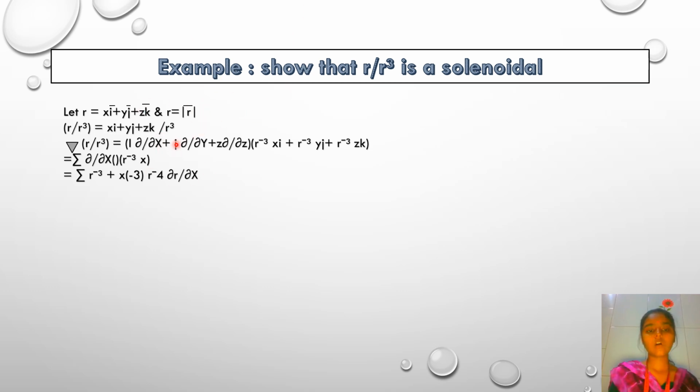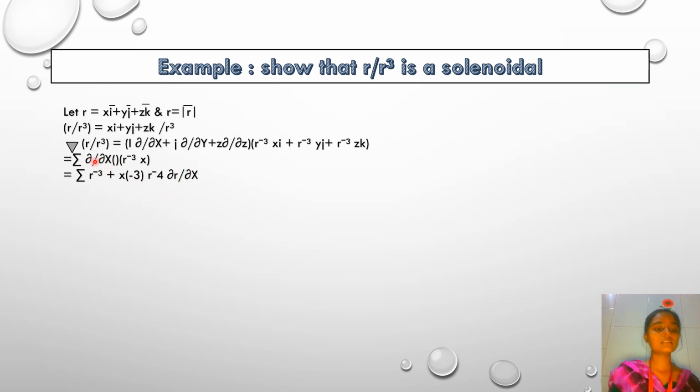Out of this equation, we have to take the coefficients of i bar, j bar, k bar. So now we are taking the coefficient of i bar. What we get is dou by dou x of r power minus 3 into x, summed over the terms, with r power minus 3 outside. When we do the differentiation, we get r power minus 3 plus x into minus 3 r power minus 4 dou r by dou x.